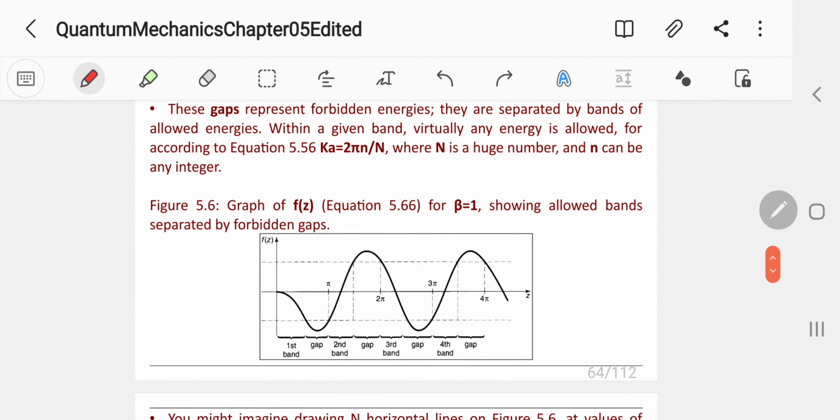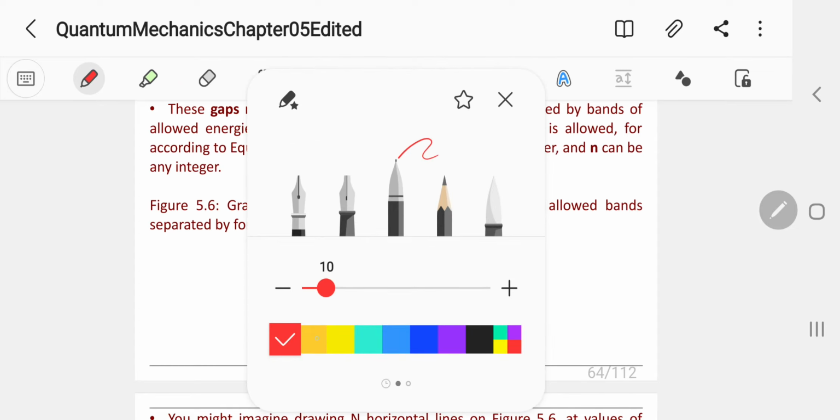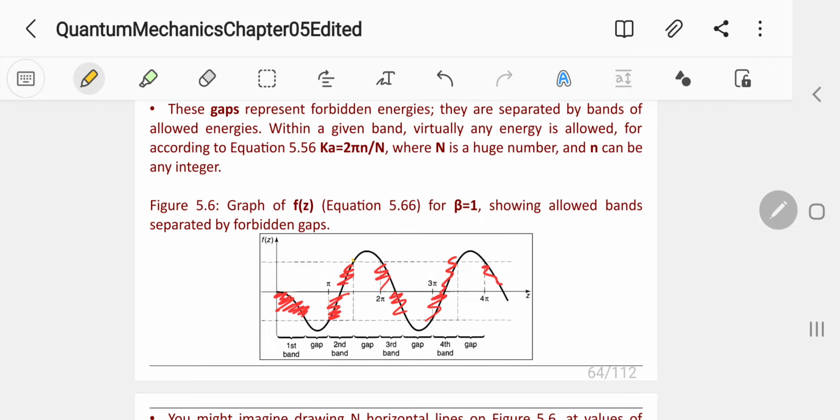But here they have some extensions beyond that value. Look, these values are okay, these ones are also okay, this one here, here, and here. But there is a region where the values are not okay, and this region is called the gaps.